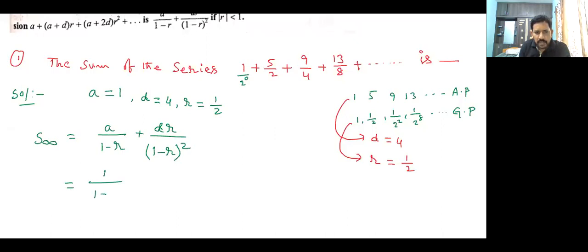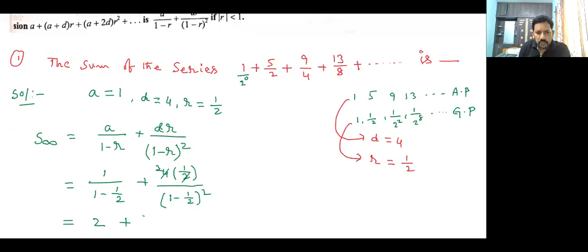1 by 1 minus 1 by 2 plus d is 4, r means 1 by 2 divided by 1 minus 1 by 2 whole square. 1 minus 1 by 2 means that is 1 by 2. 1 by 1 by 2 that is 2 plus here 2 2s are 4.